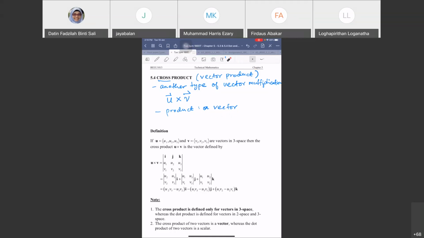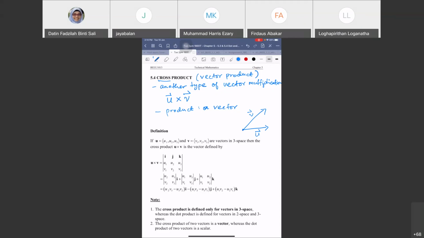In terms of geometric illustration for the cross product, you still have two non-parallel vectors, namely vector u and vector v, and their initial points coincide.